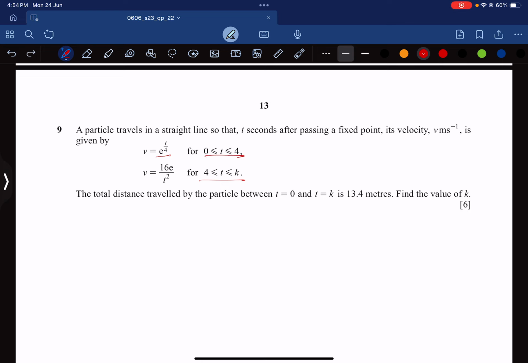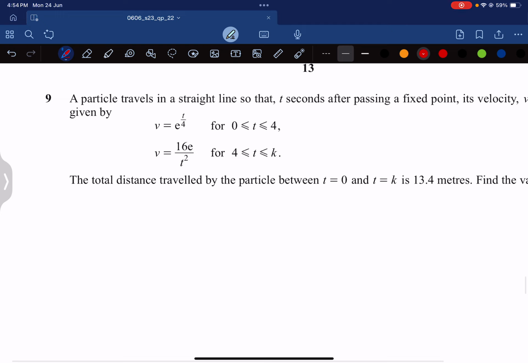The total distance traveled between t equals 0 and t equals k is 13.4. Now distance and displacement are not the same. If you directly integrate this, what you get is displacement.